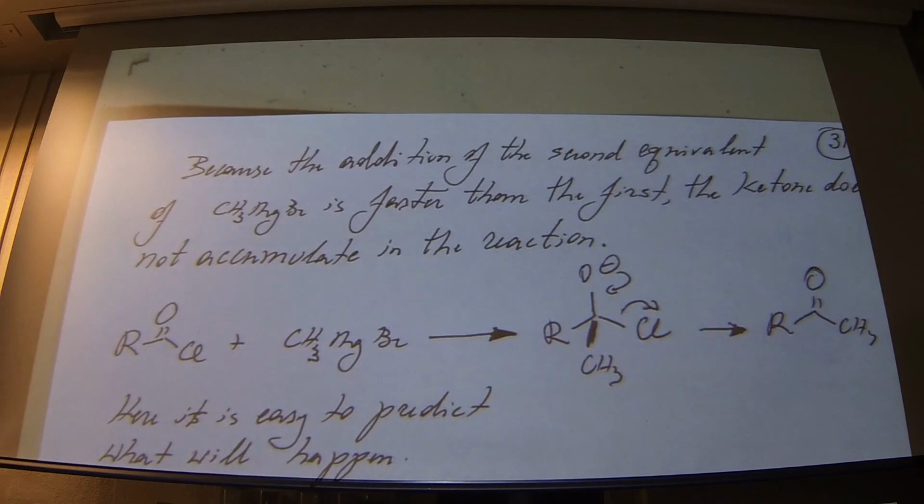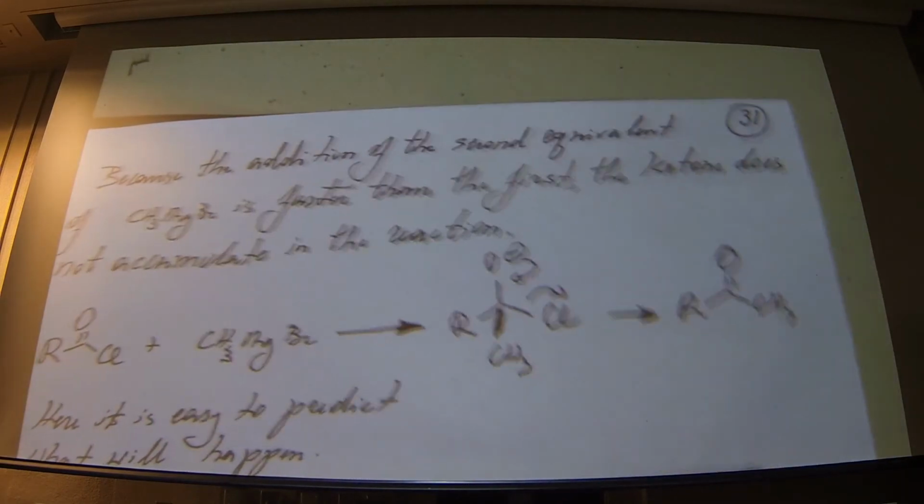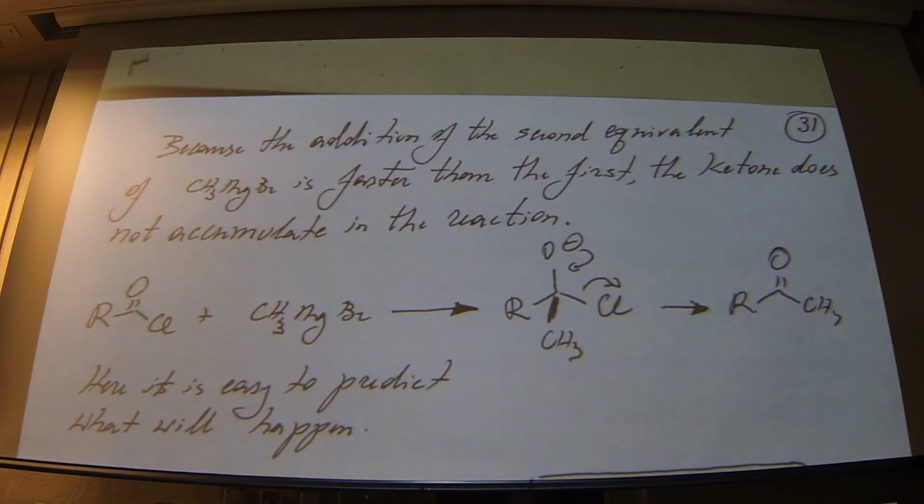kind of makes sense. So I just recapitulate that here. Now, if the reaction of an ester with Grignard is fast, what can we say about the reaction of acid chloride with Grignard? Well, it's faster because acid chlorides are more reactive than esters. That's right.